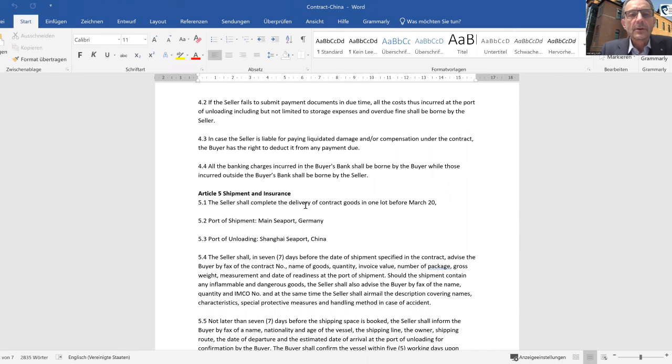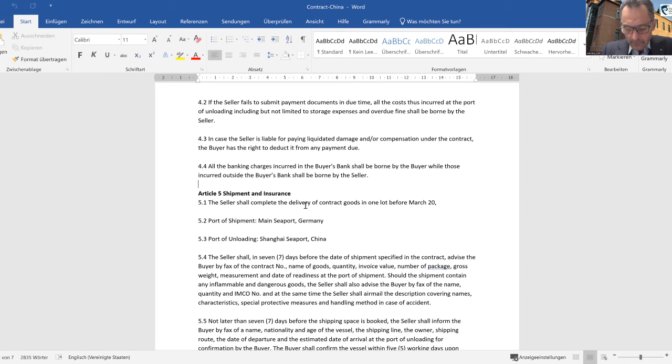Then if the seller fails to submit payment documents in due time, all the costs thus incurred at the port of unloading, including but not limited to storage expenses and overdue fine, shall be borne by the seller. So if he can't fulfill, will not fulfill, or is not able to fulfill, then additional costs are all and not limited to the seller.